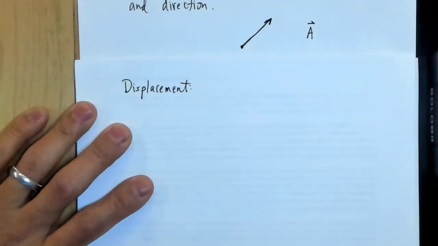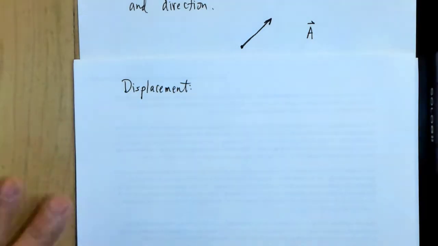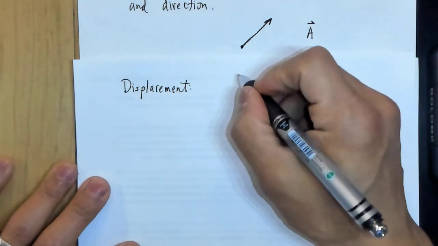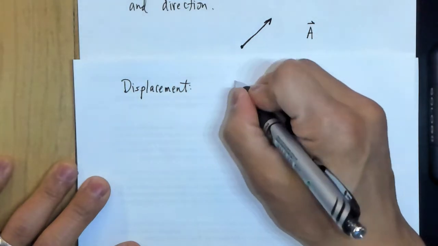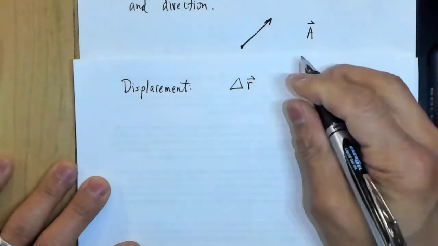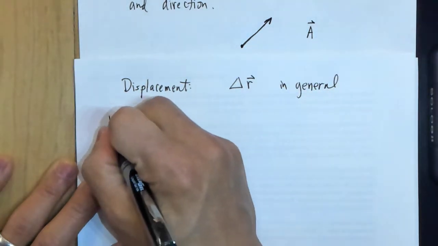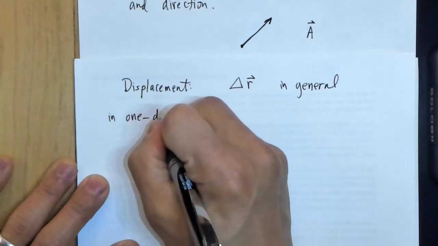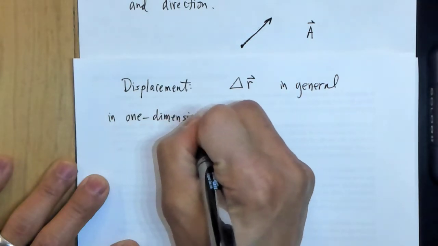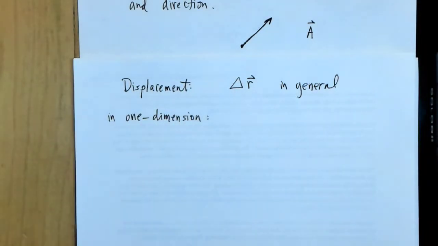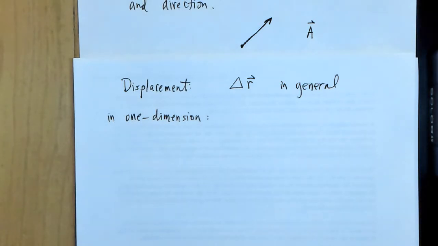In general, we will call the displacement delta R, but for the one-dimensional case, it's a little bit easier. By the way, this symbol delta is something we'll use over and over again. Delta means the change in something. Delta t is the change in the time, or the time interval. Delta R will be the change in R, where R will indicate the position.